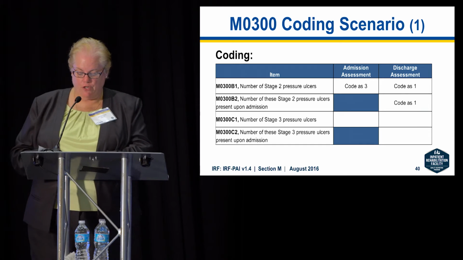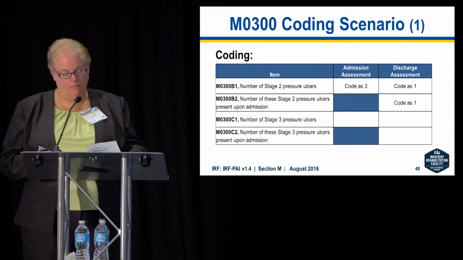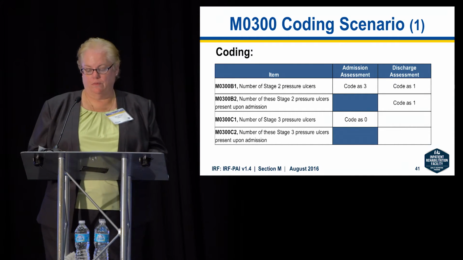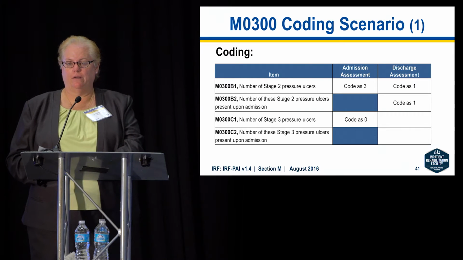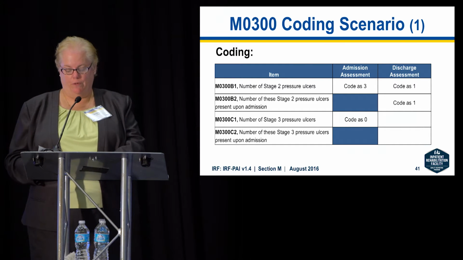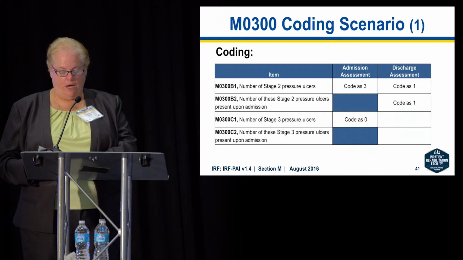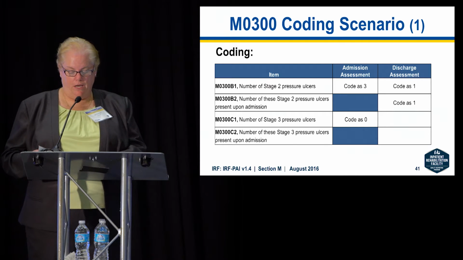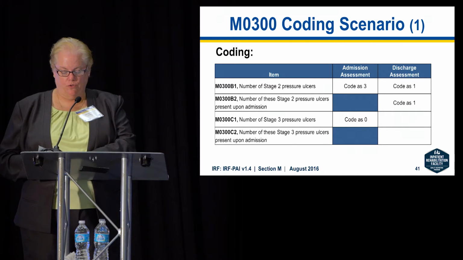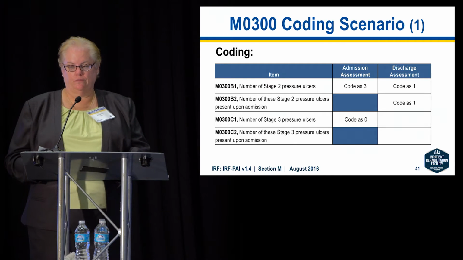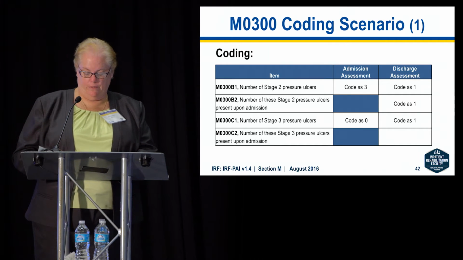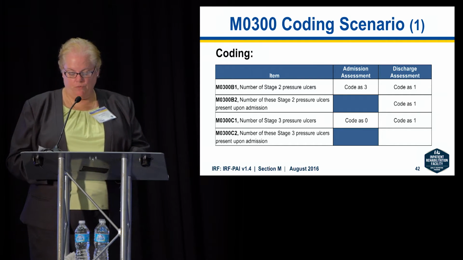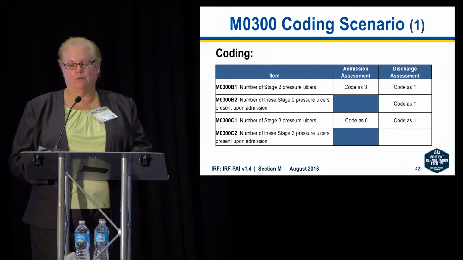Number of stage 3 pressure ulcers on admission? 0? We didn't have any? Is that true? Right? We had 3 stage 2s. And then number of stage 3 pressure ulcers on discharge. Number of these stage 3 pressure ulcers that were present upon admission.